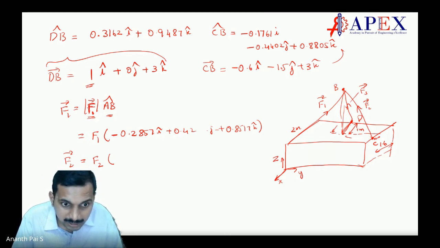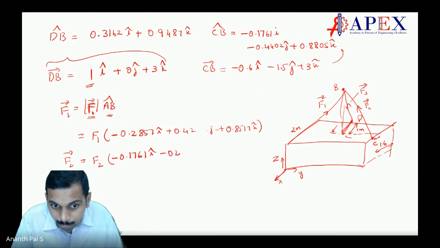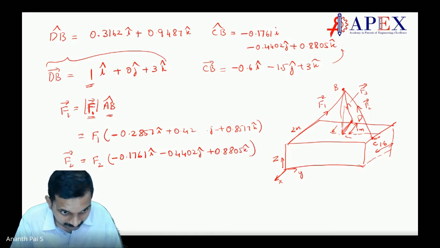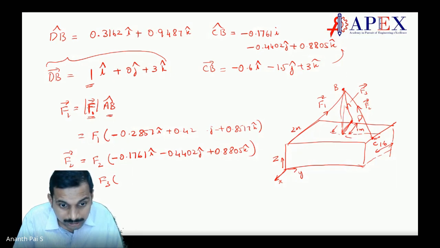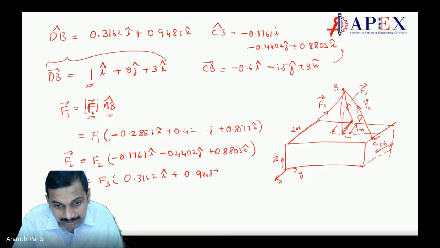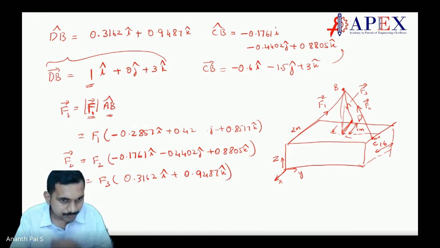CB is given as minus 0.1761i plus, sorry, minus 0.4402j plus 0.8805k, correct. Similar way, F3 is equal to F3 into, we have 0.3162i plus 0.9487k, correct. Now this is F1, F2 and F3.